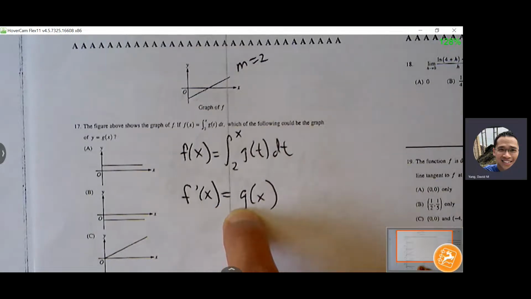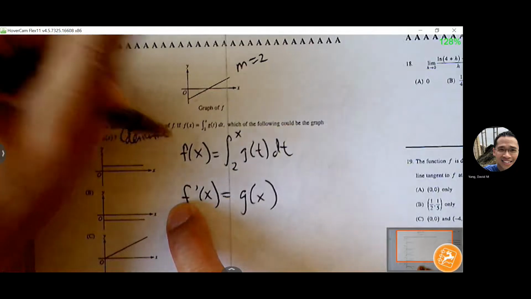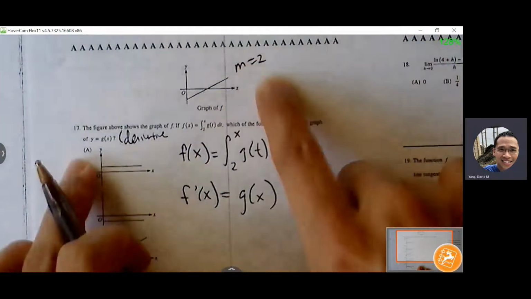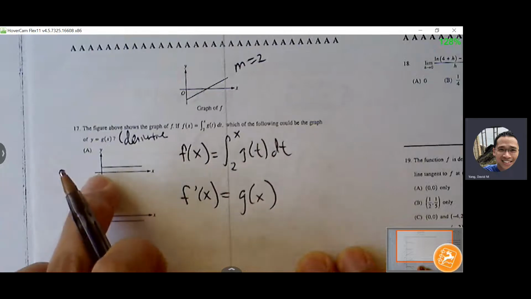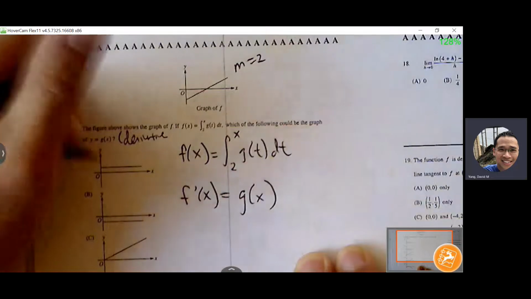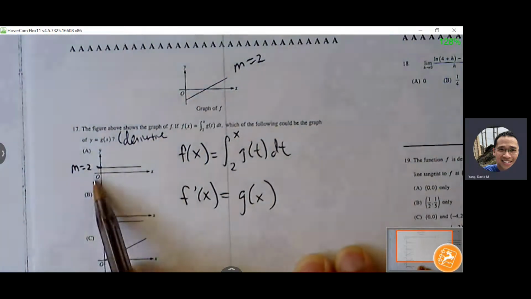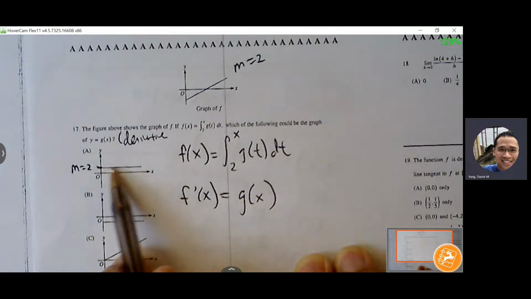So g is the derivative graph. So if this is slope of 2, we want a derivative graph to show our y value represents the slope value. So if this y-intercept is 2, then it's going to hold that same slope all the way through.